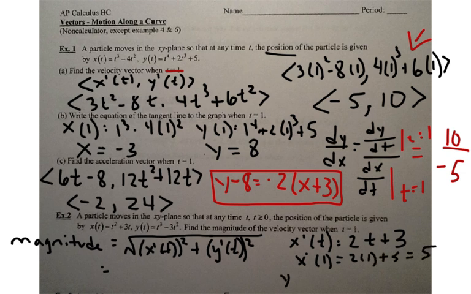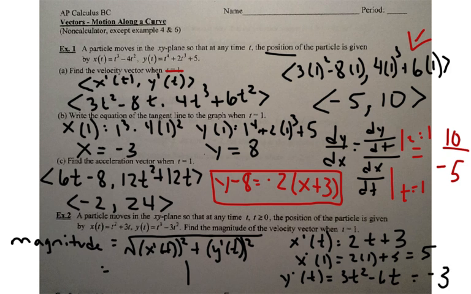Now I need a y prime of t, which is 3t squared minus 6t. And if I sub a 1 in here, 3 times 1 squared minus 6 times 1 is going to give me negative 3.